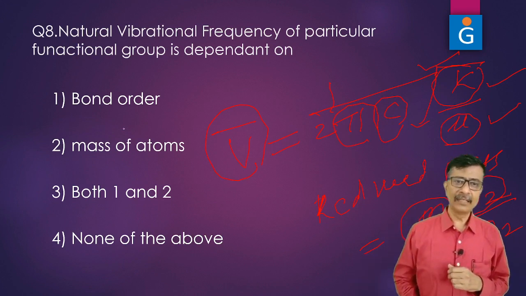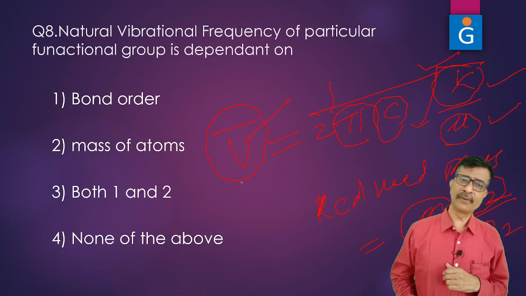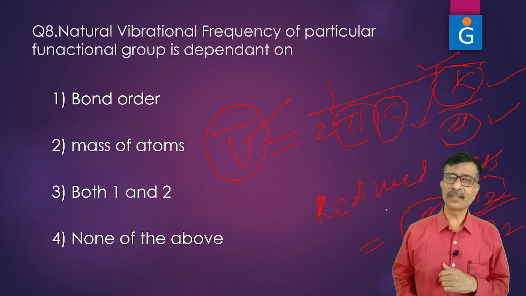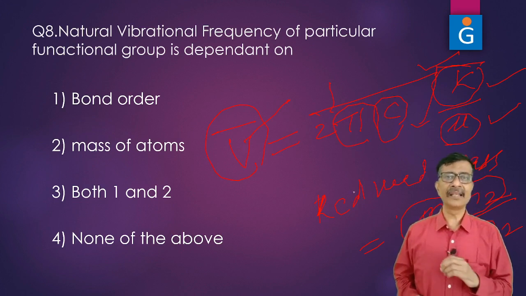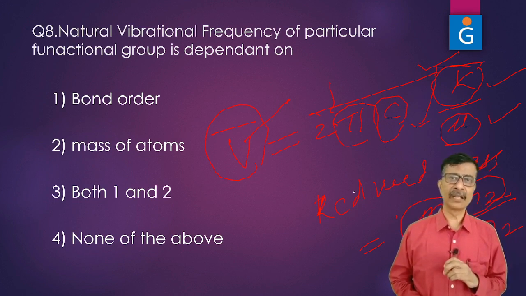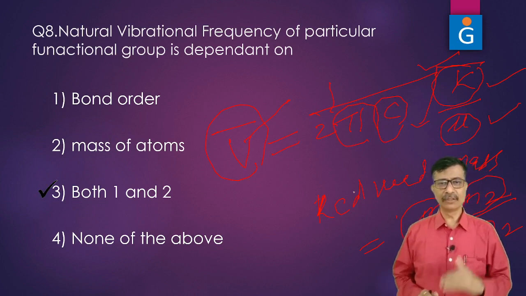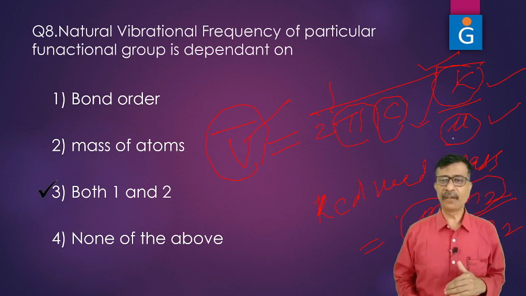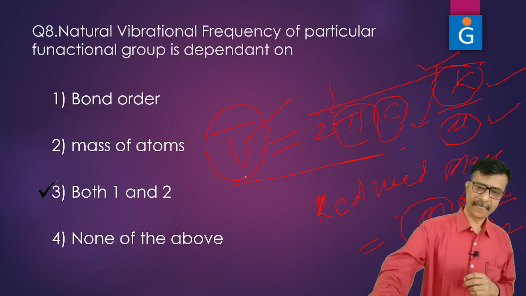So the bond order is also a deciding factor for natural vibrational frequency as well as the mass of the atoms. Both things are involved in deciding natural vibrational frequency of particular functional group. So the answer is both 1 as well as 2. So this question is based upon this equation for natural vibrational frequency.